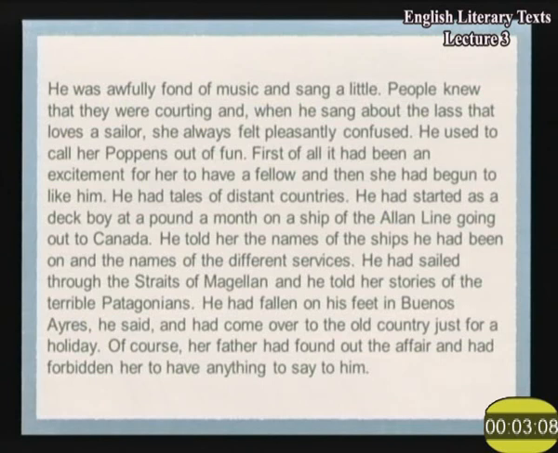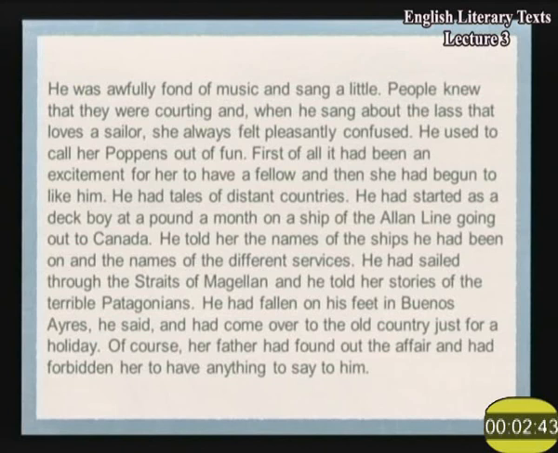He told her the names of the ships he had been on and the names of the different services, what each ship could do and what different kinds of works they had. And then he told her about all the distant countries and the things that she had not seen or heard about.